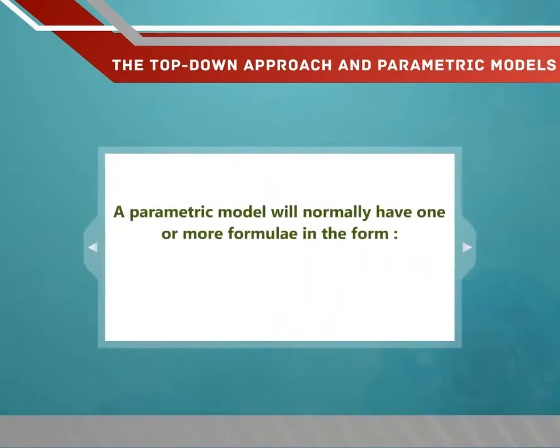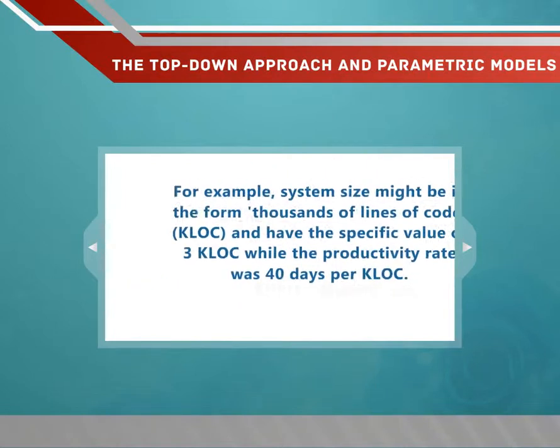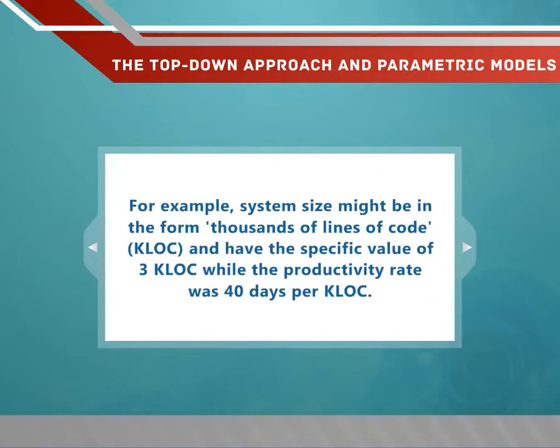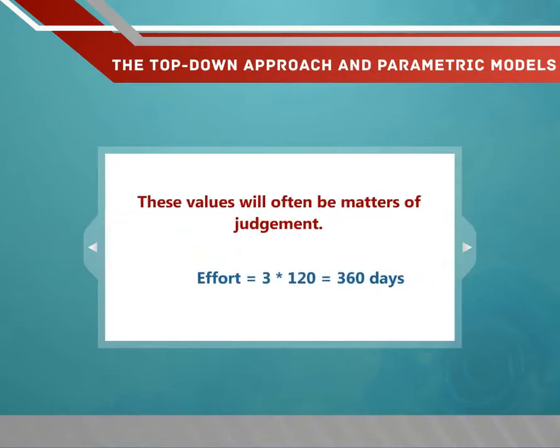A parametric model will normally have one or more formulae in the form: effort is equal to system size times productivity rate. For example, system size might be in the form thousands of lines of code, KLOC, and have a specific value of 3 KLOC while the productivity rate was 40 days per KLOC. These values will often be matters of judgment.